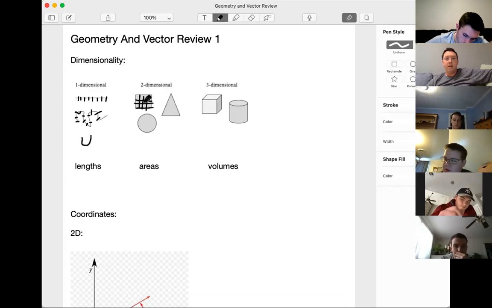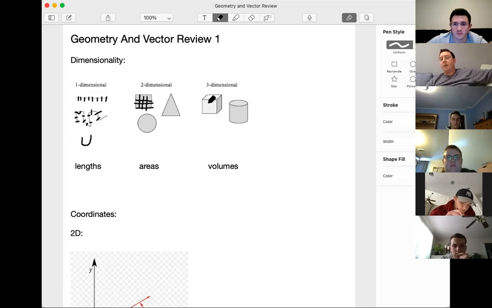And so we'd specify so much in the X and so much in the Y. Two numbers are needed to coordinatize the two-dimensional shapes, okay? Or, as we'll talk about in a minute, you could do a radius and an angle. But again, that's two numbers. So if it takes two numbers to describe it, it's a two-dimensional shape.